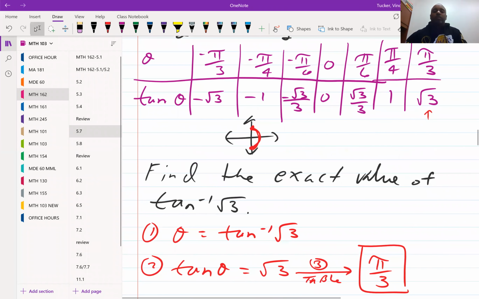All right. So once again, follow the same pattern. End up having tan theta is equal to square root of 3. Go to the chart. Square root of 3 lines up with pi over 3.